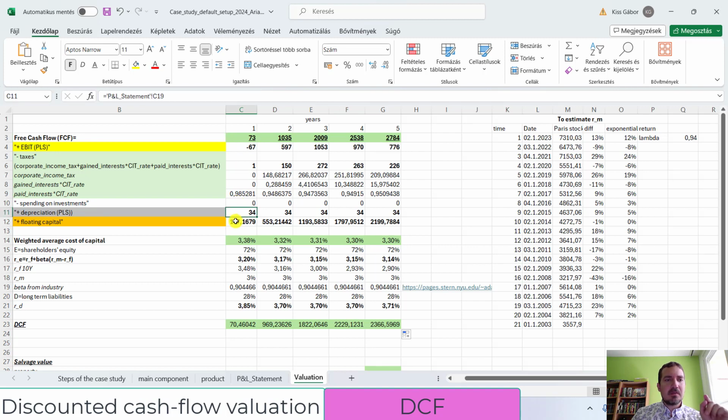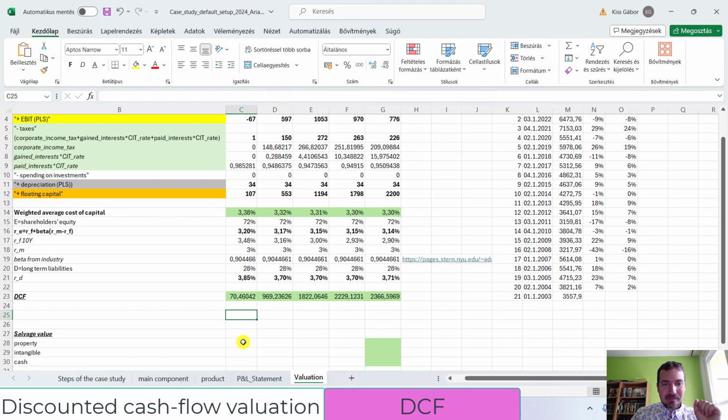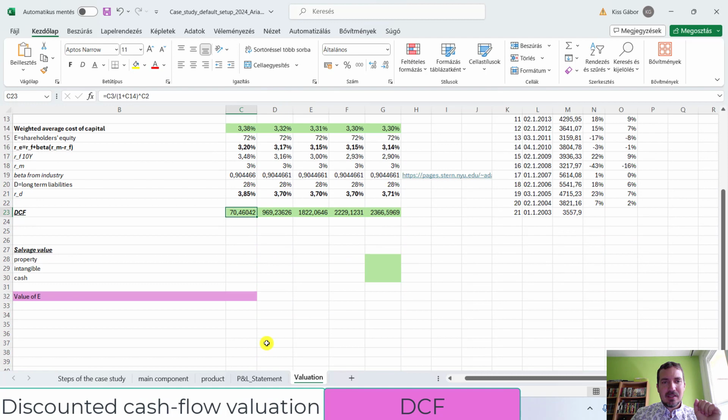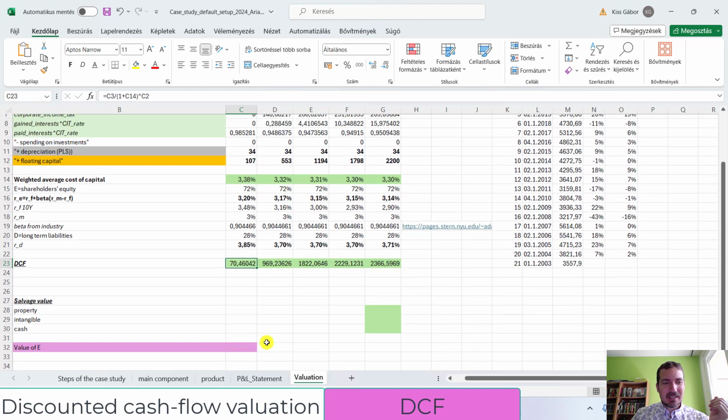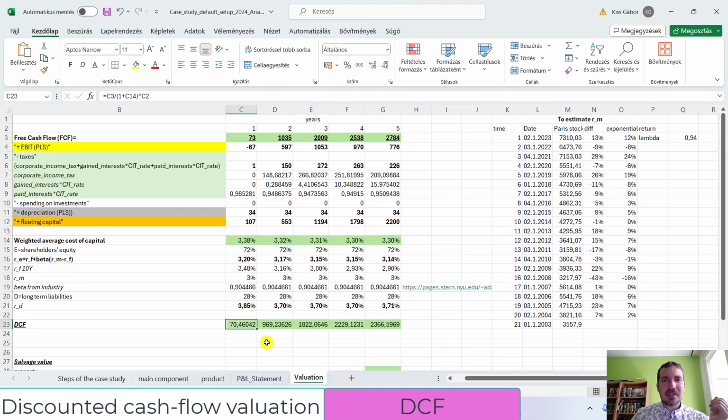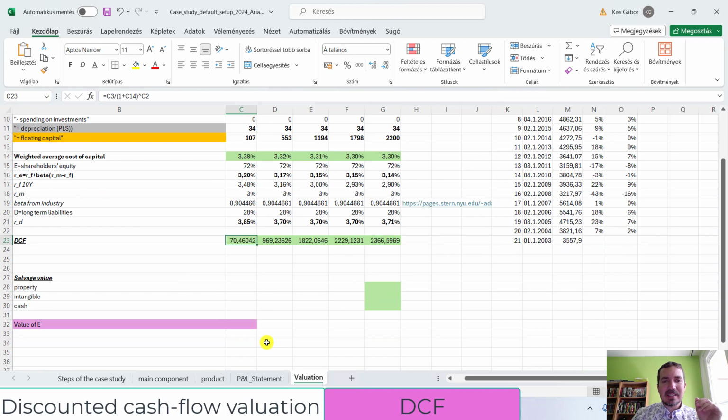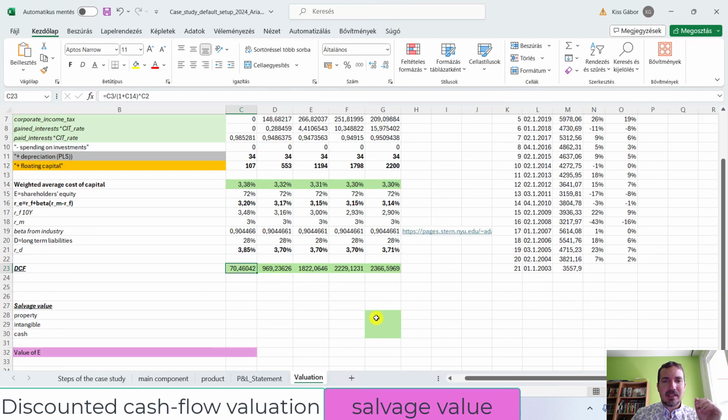Why is this positive? Yes, because the depreciation is positive and the floating capital, I think it biases things because we have raised money from debt issuance, but okay. So the DCF is already positive because we were able to raise money, and that's why our cash reserves are filled up. So it can be a bit misleading, but okay, we can understand this.